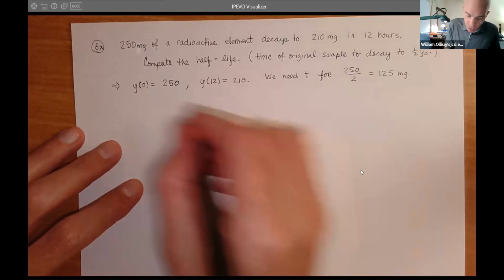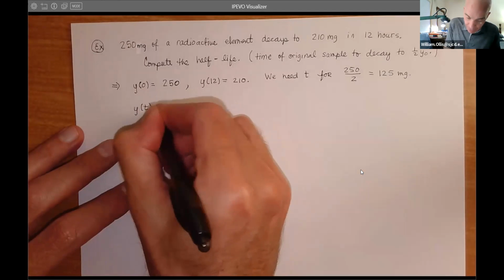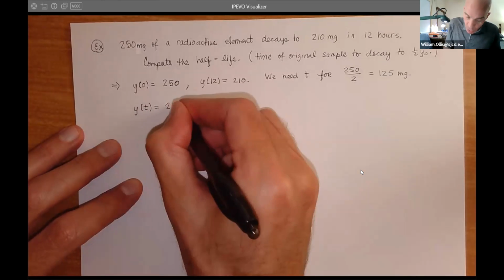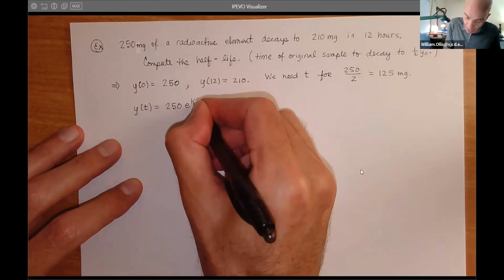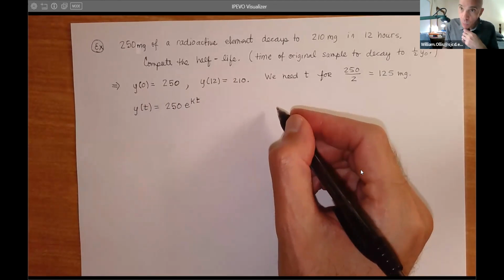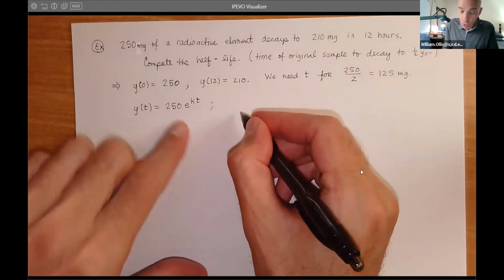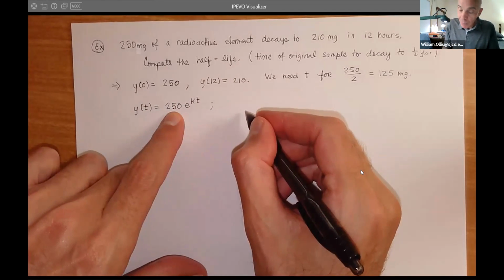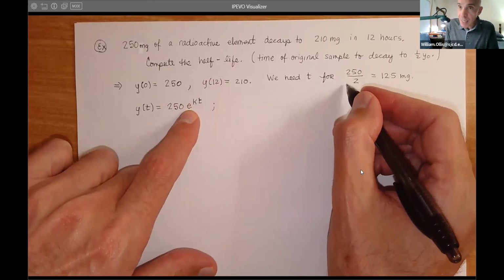So what I want to do is now we have y of t is equal to 250 e to the kt. And I want to show you a technique that is much easier than the way most of the textbooks teach it. So we have our initial amount and we need to find a t, so we've got to find some way to replace the e to the k.